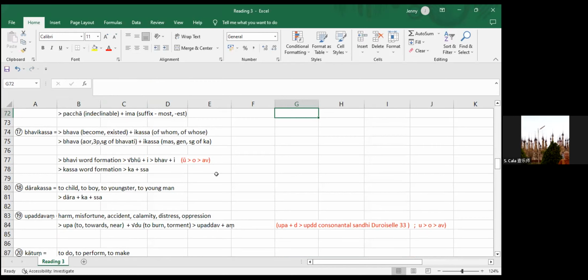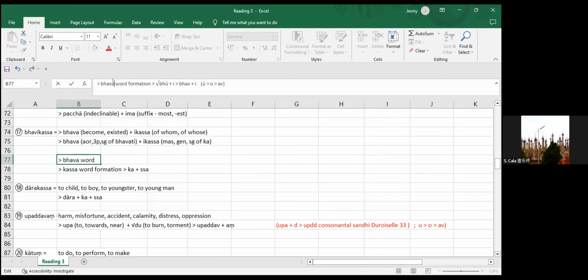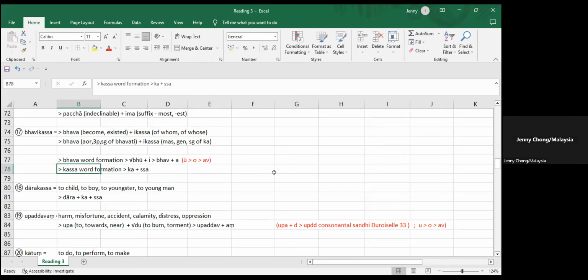Write on another blank place. You modify later, just write on the white place here. So here is bawa, is it? Yes, bawa. You know life, bawa? Life is bawa. Like in dependent origination, there's also bawa. Bawa is becoming, okay?